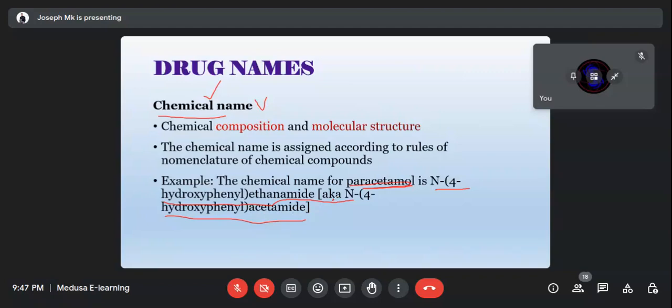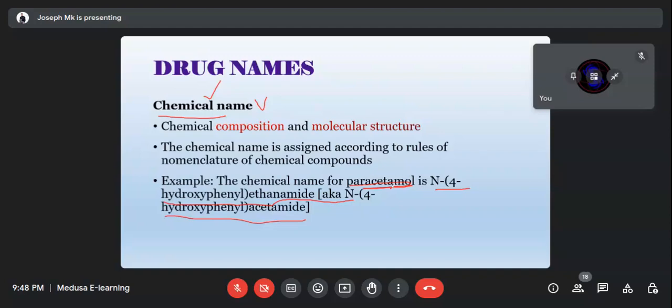I know we understand what is meant by molecular structure. But the other name that you can call this same molecular structure is paracetamol, and this paracetamol is what we are calling a generic name. Everyone can use a generic name because it does not belong to a particular drug.